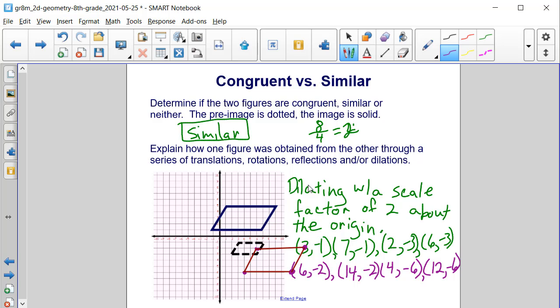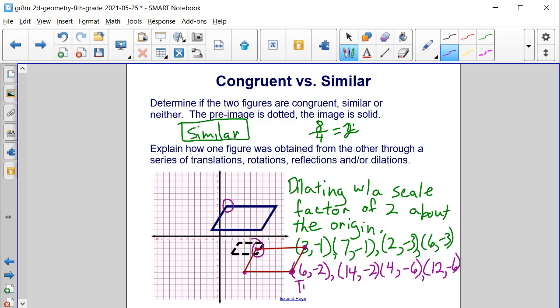And next we have to determine how much we need to translate or move this red parallelogram to get the blue one. So if I take this corner right here, its corresponding corner is this one up here. So let's see how many we have to go. We have to go 1, 2, 3, 4, 5 to the left, and up 1, 2, 3, 4, 5, 6, 7.